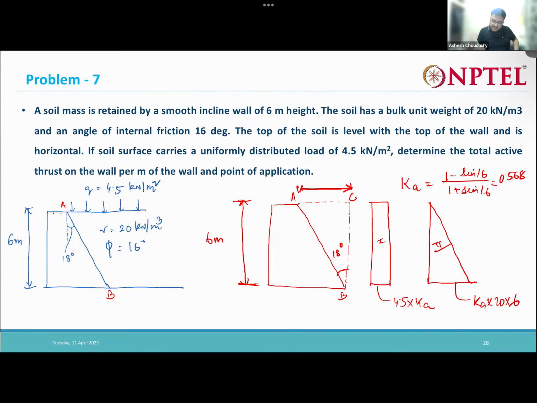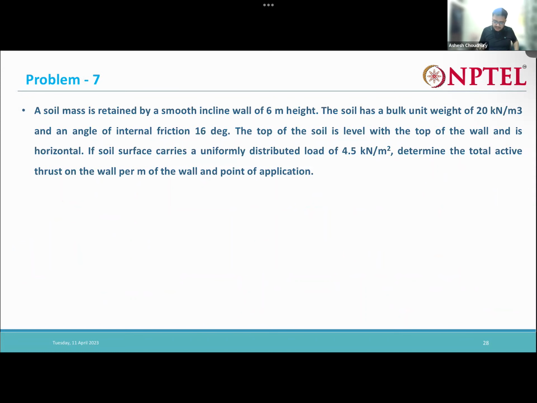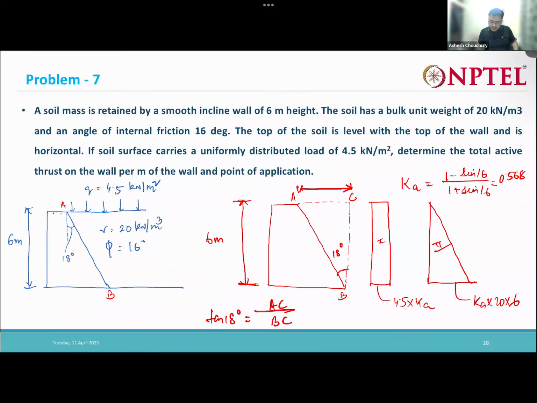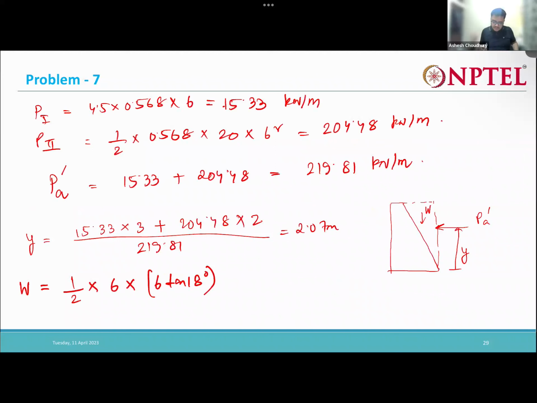No, it will be tan 18 degrees, which is equal to AC by BC, right? Perpendicular by base, opposite by base. So AC is BC tan 18. BC I know it's 6.